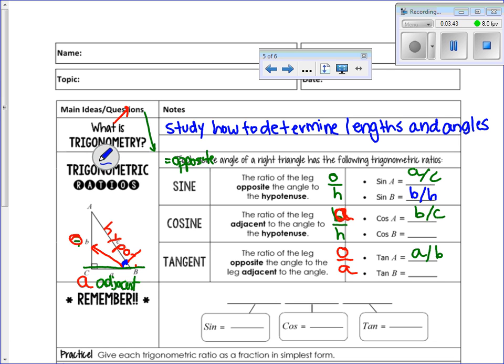I didn't mean to put H, I meant to put c. I'm sorry. So the cosine of B is little a over c, and the tangent of B is b over a. A little bit confusing right now. That's okay.